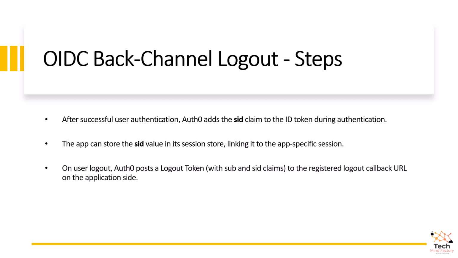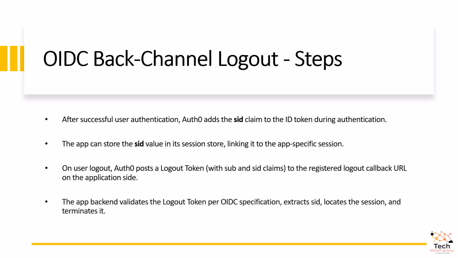And on user logout, Auth0 posts a logout token with sub and sid claims. The sub contains the user ID from Auth0 and sid is the session ID, sent to the logout callback URL registered on the application side. So the application is informed, hey, finish the authentication session for this specific user with this session ID.